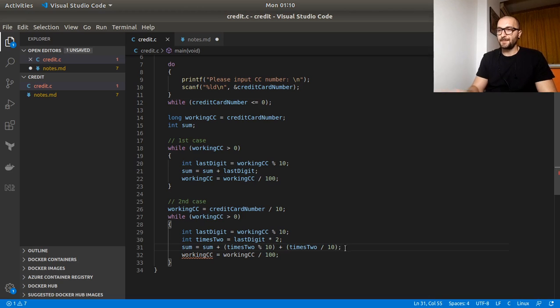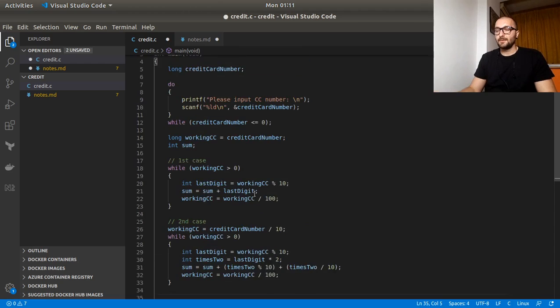Okay, so that's how we get the sum of the two digits, if that's the case. If it's one digit, that's okay as well. And then we divide working CC by 100 again to move two digits over. Okay, so I hope that makes sense.